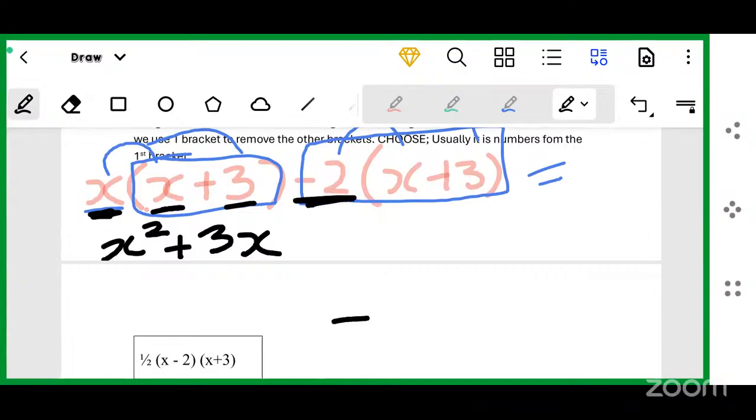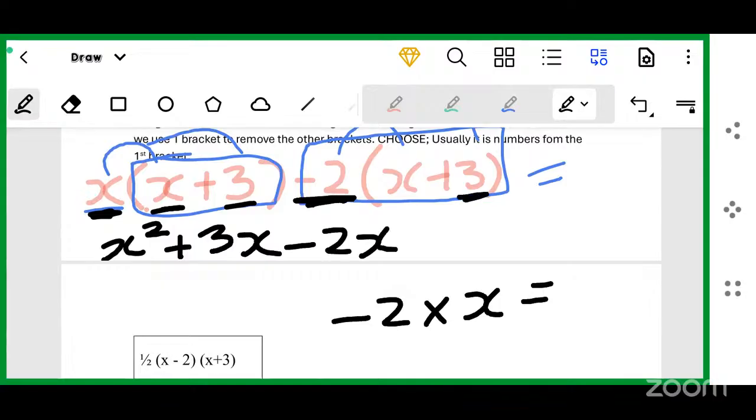What is going to be -2 multiplied by x? Negative 2x. And what's going to be -2 multiplied by 3? Negative 6. -6.